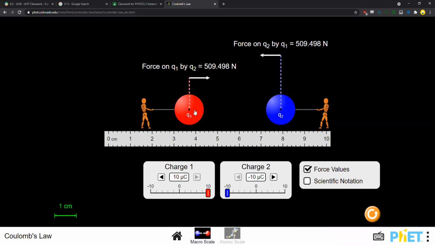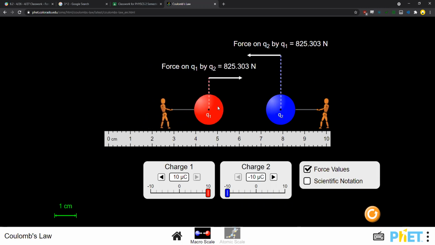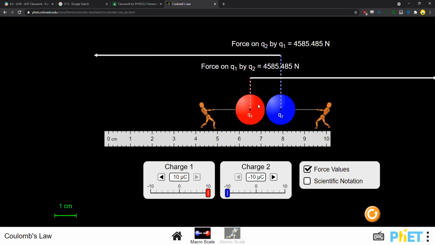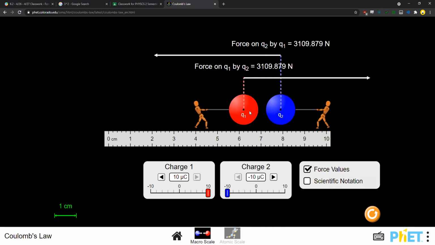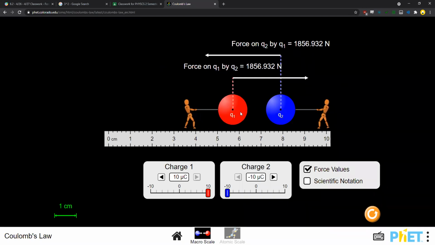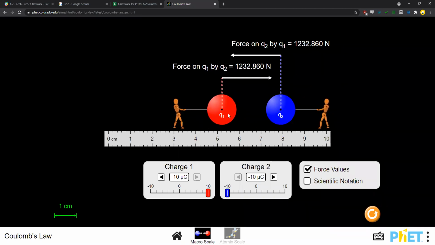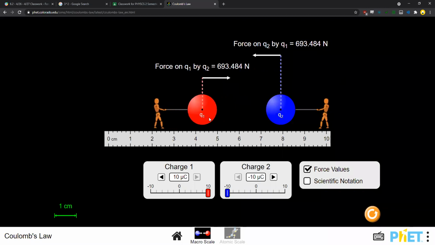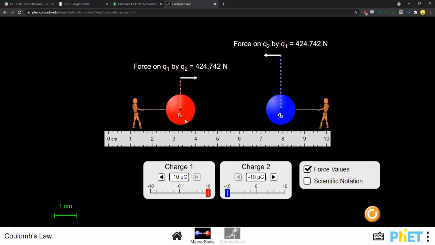It's because it's a positively charged object and a negatively charged object, which means they must attract. So as you bring these two objects together, the force of attraction increases. And likewise, as you increase the distance, the force of attraction decreases. So keep this in mind because this is an answer to one of your homework questions.